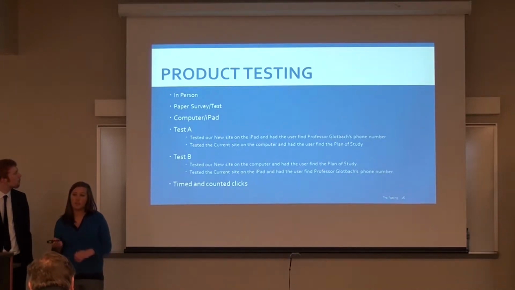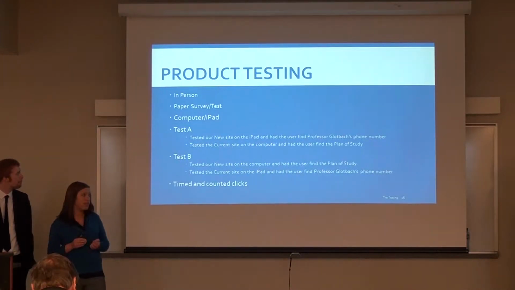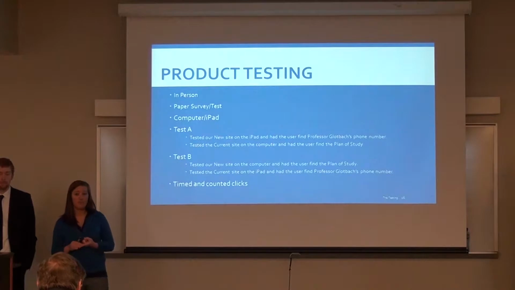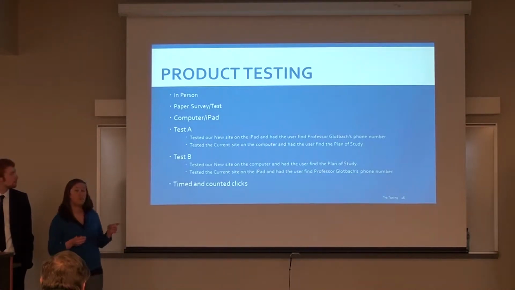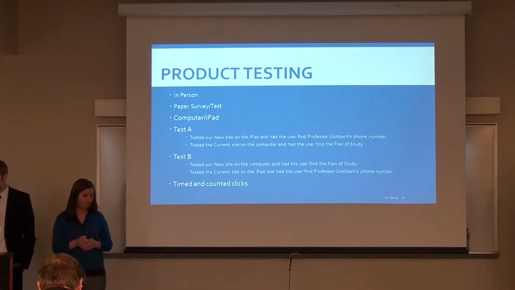And then we had them move to a different device, and we did a similar test with the same user, but we switched the device, we switched the content that they were looking for, and then we switched the version of the site. Once again, we stood behind them, timed them, and counted the number of clicks. We then recorded this information, and we had them take the similar survey and ask all the same questions, but once again, it was to go along to the most recent site that they had tested on.